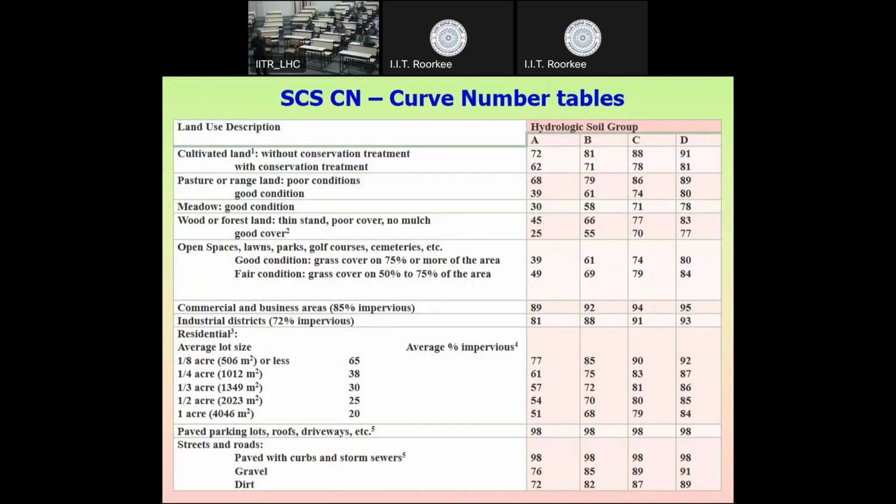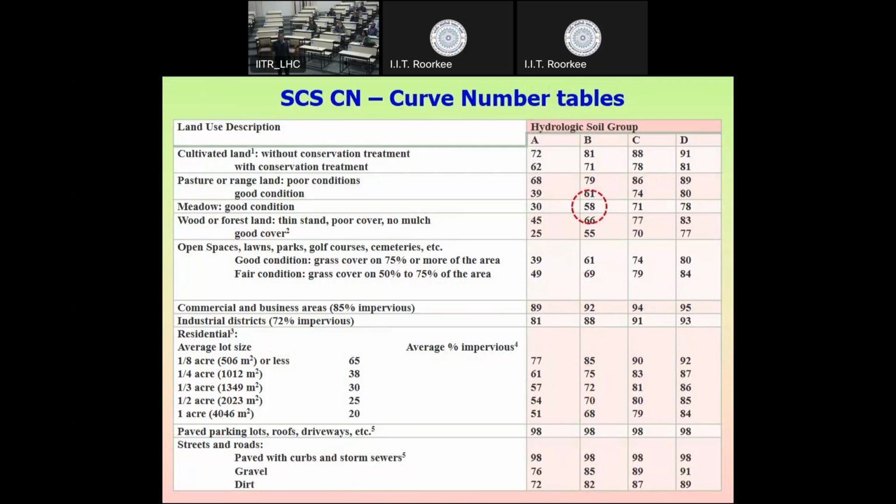For example, if we have wood or forest land with this kind of description, then depending upon what kind of cover is there, the curve number can be estimated provided we know the soil type. Hydrological soil group A will give me curve number 45 for this type of land use. B will be 66, C 77, and D 83. As you can see, the curve number increases from A to D. That means runoff potential will increase.